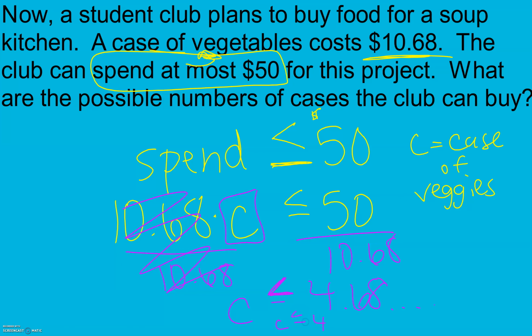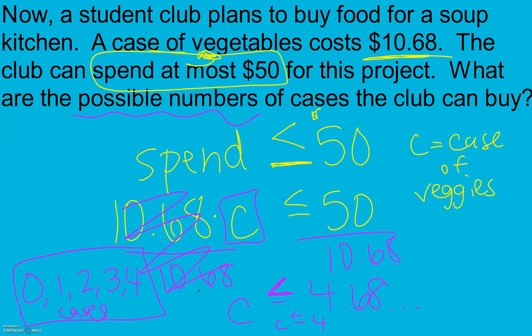So our cases is less than or equal to 4, but the possible number of cases we could buy is 0, 1, 2, 3, or 4. Keep in mind, I'm going to list them out here, guys, because I can't buy partial cases or negative cases.